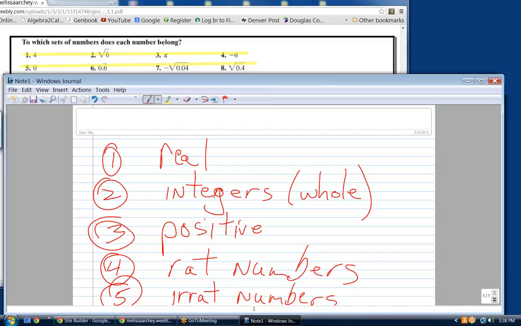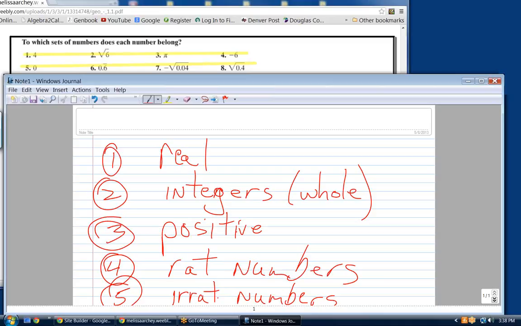Okay, so pi is part of positive numbers. And is it irrational or rational? Irrational. Okay, and the definition of rational is we need to be able to express it as a fraction.